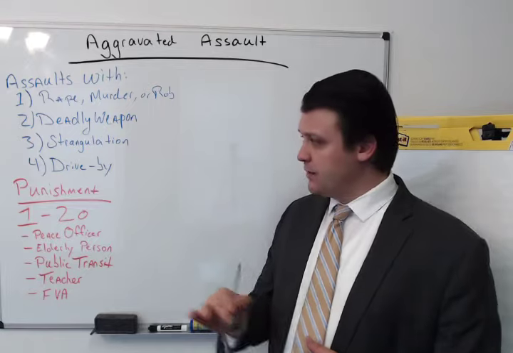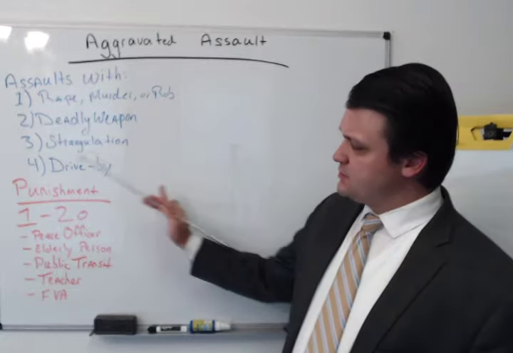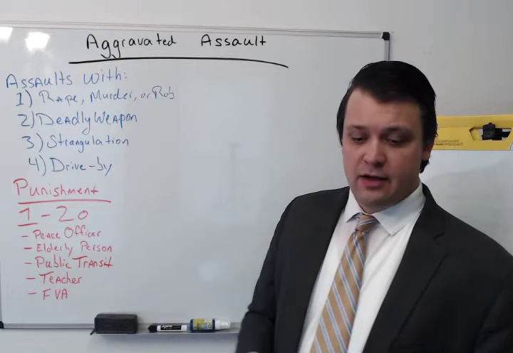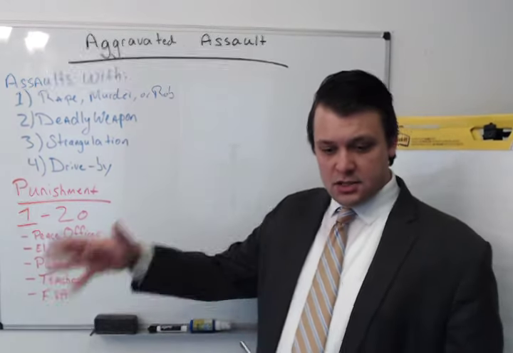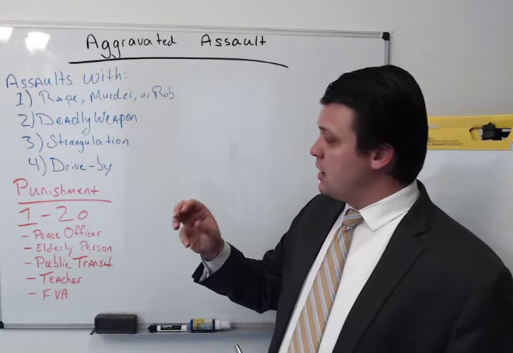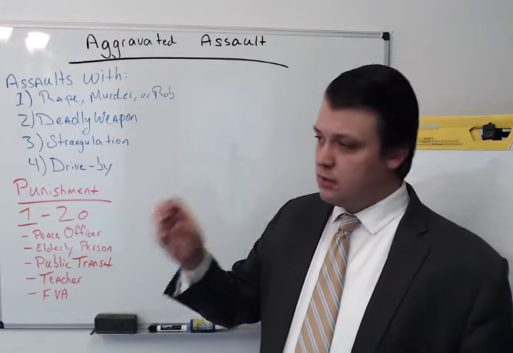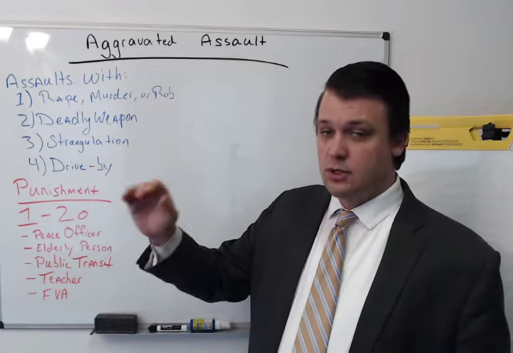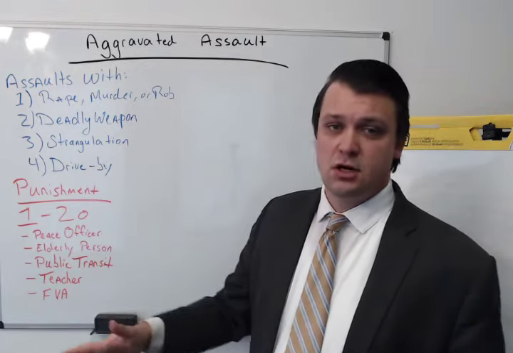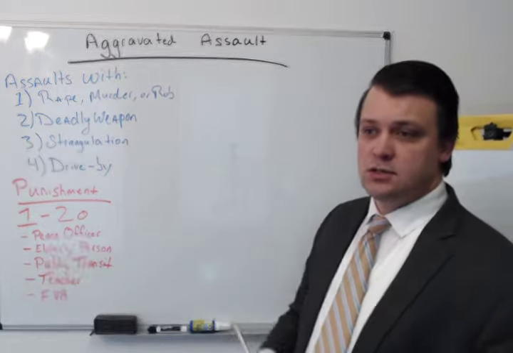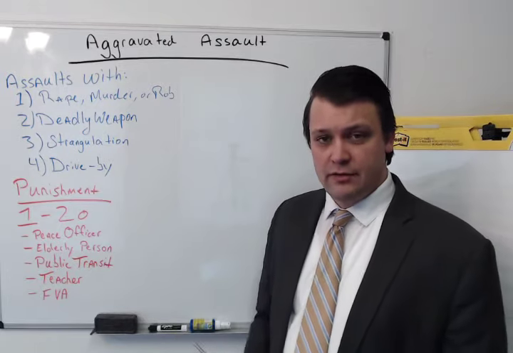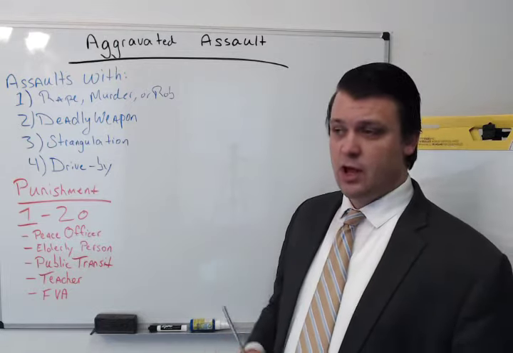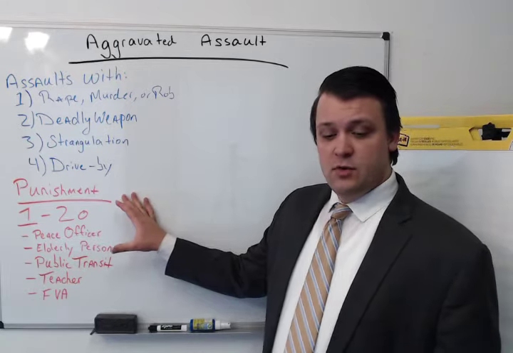And finally, the 4th is there is a special provision for essentially what I call a drive-by. If a firearm is recklessly discharged towards someone while they're driving, I'm using a lot of legal words there, but essentially, if a firearm is discharged from a vehicle at someone else, and it's not justified for whatever reason it may be, we're dealing with an aggravated assault.